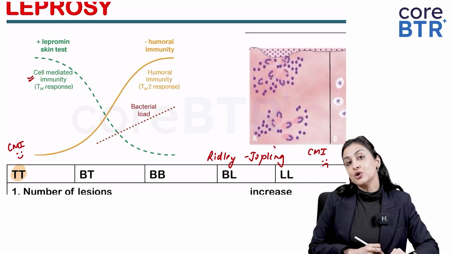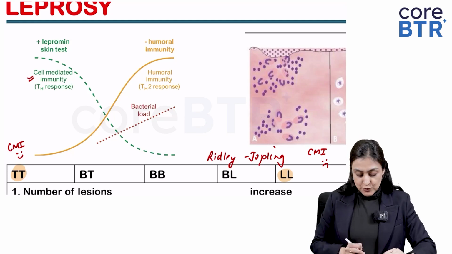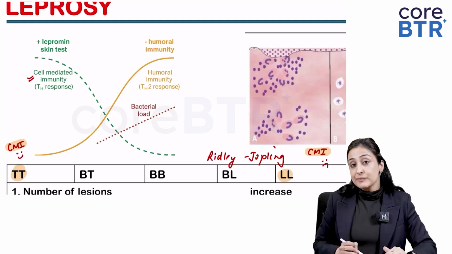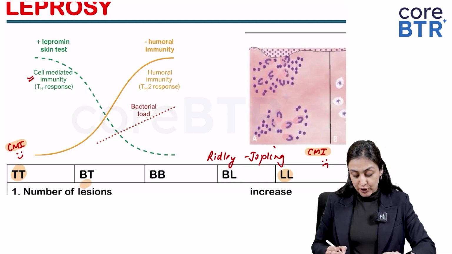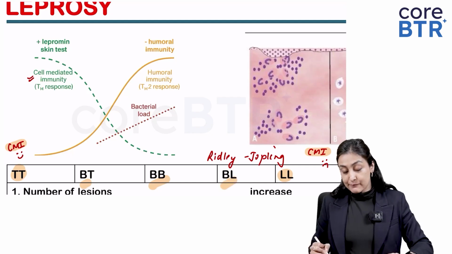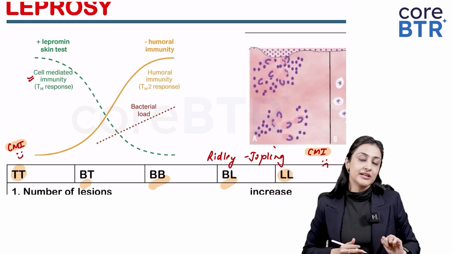The body will rely on humoral immunity, antibodies. So that's the lepromatous pole. So this is where we go from a good immunity to a weak immunity. So tuberculoid, borderline tuberculoid, borderline lepromatous, and lepromatous. So that's the spectrum. You can understand it very, very conceptually.